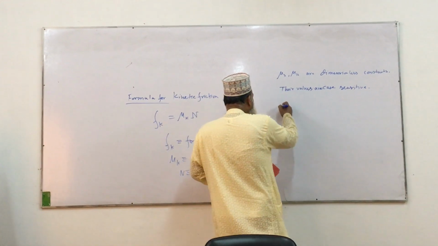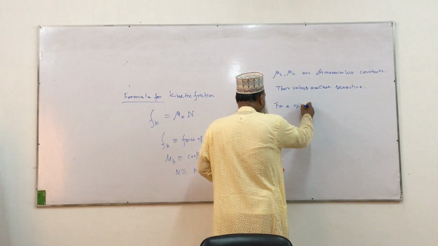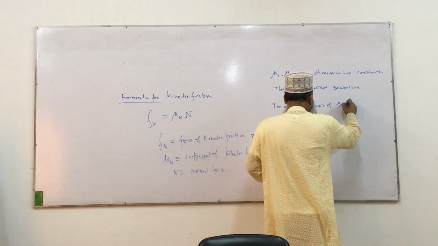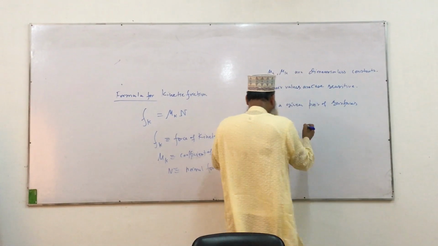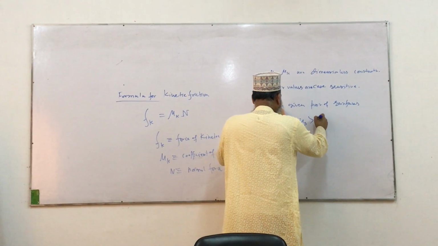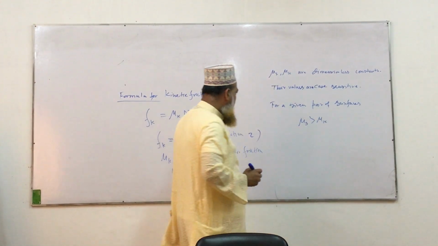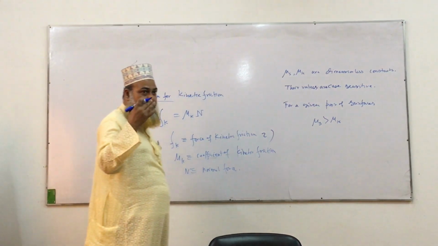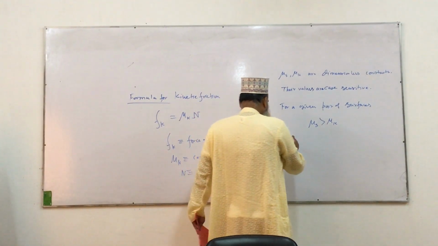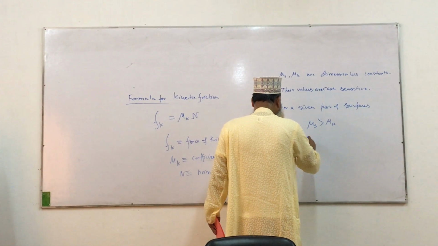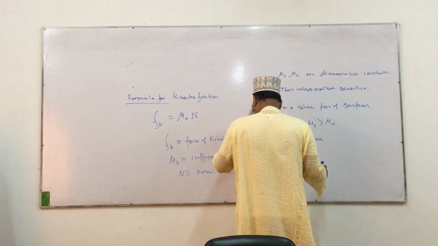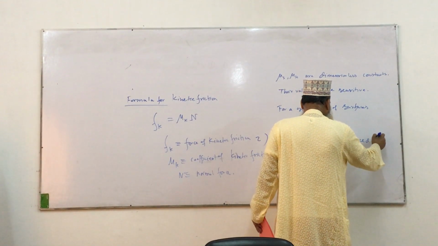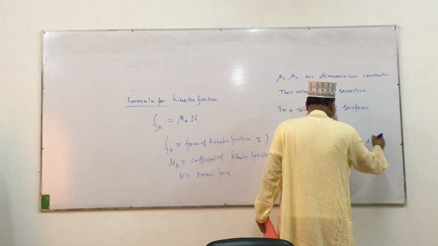For a given pair of surfaces, usually mu s is greater than mu k. Mu s is greater than mu k for a given pair of surfaces. Both of them can exceed 1.